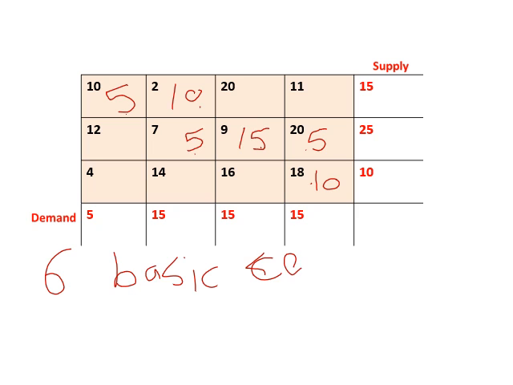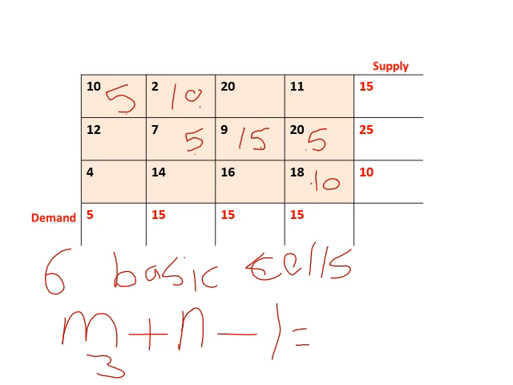This value comes from the number of rows, m, for sources, plus the number of columns for destinations, minus 1, which should equal the total number of basic cells. We have 3 rows and 4 columns minus 1, which is equal to 6.